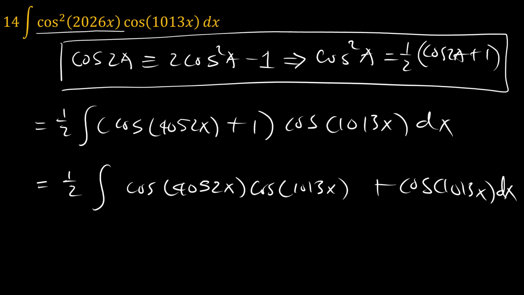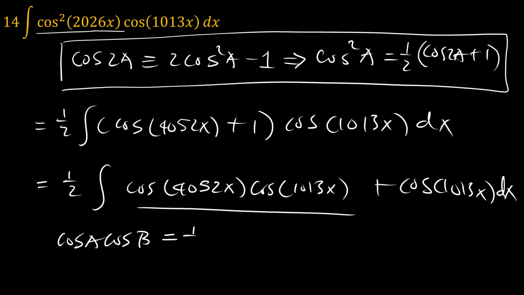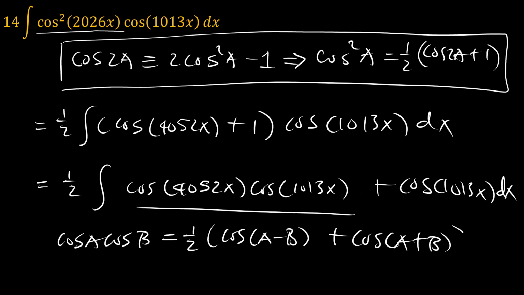Interestingly, we then have to also separate that, and we know that cosine of a times cosine of b is the same as half cosine of a minus b plus cosine of a plus b, right?